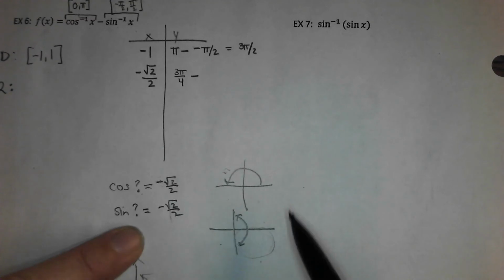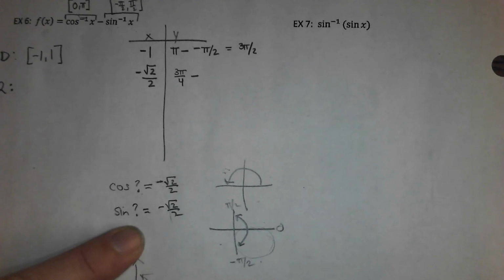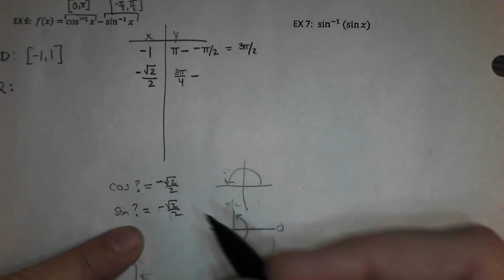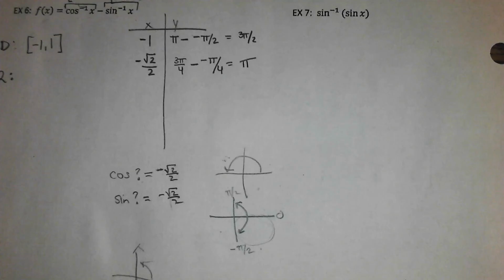You go either backwards to negative pi over 2 or forwards to pi over 2. Negative pi over 4. So that's 3 pi over 4 plus pi over 4, which is 4 pi over 4, which is pi.